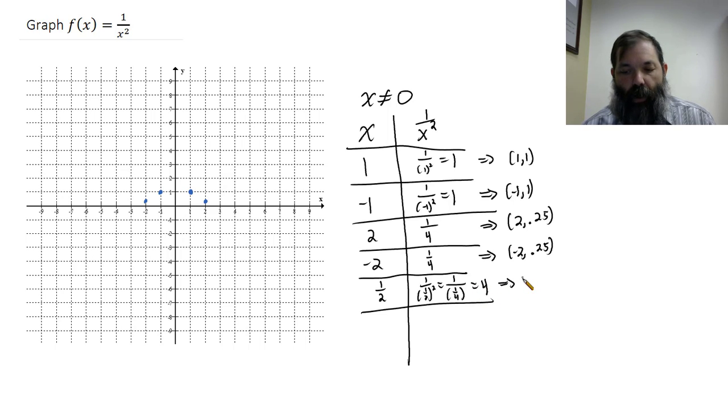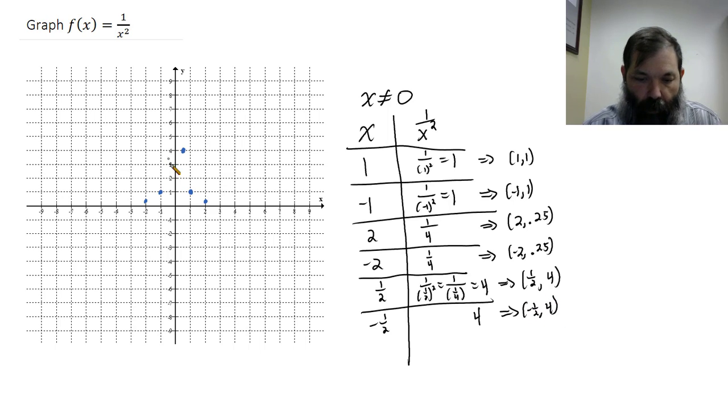And so I have the point (1/2, 4), or (0.5, 4) if you want a decimal. And similarly, if x was negative 1/2, the output would again be 4. And so I have the point (negative 1/2, 4). And again, I'll plot that in blue.